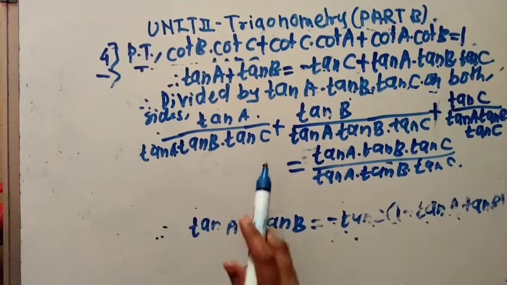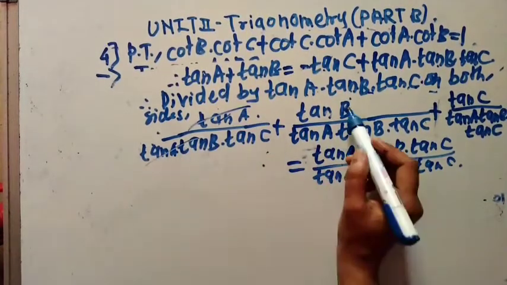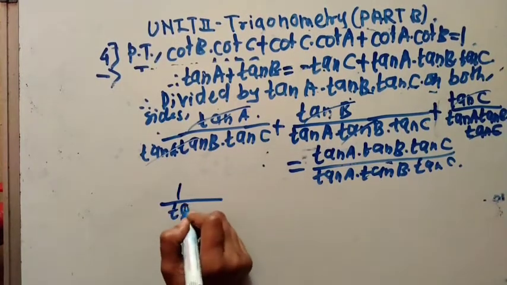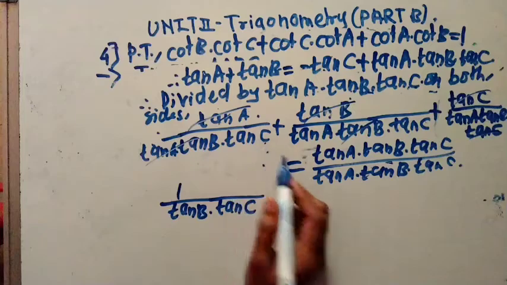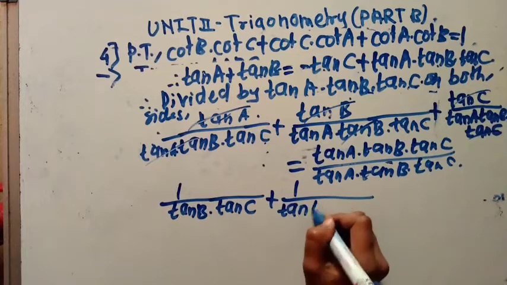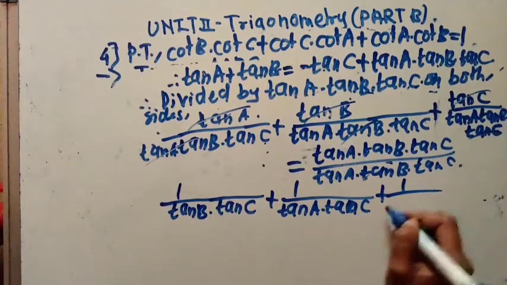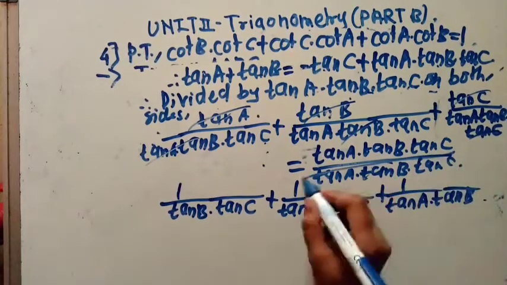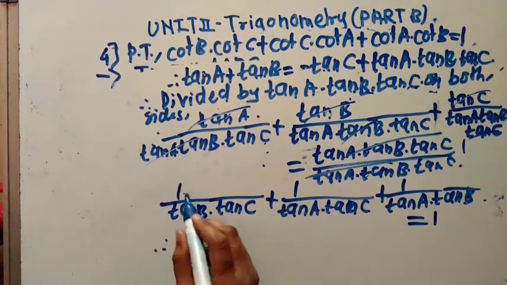Dividing by tan a tan b tan c, tan a cancels, tan b cancels, tan c cancels, so 1 upon tan b into tan c plus 1 upon tan a into tan c plus 1 upon tan a into tan b is equal to 1.